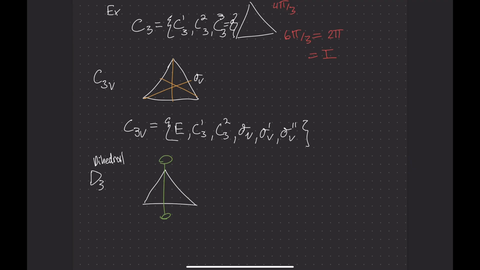So the D is dihedral or two-sided, which means that, again, instead of mirroring it, we're just flipping the triangle over. And so everywhere where we had mirror planes before, it's going to be a new axis of rotation.